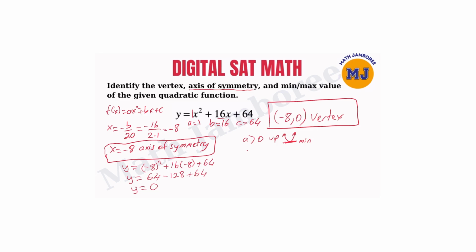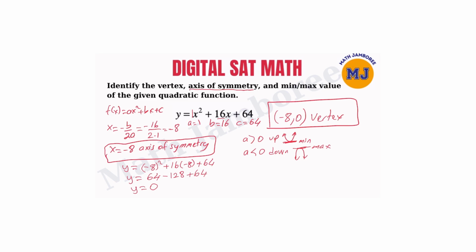In this case, a is greater than 0, sorry, a is positive 1. But let me tell you this as well. If a is less than 0, then the arms of the graph open down like this. Then you will have a maximum value.